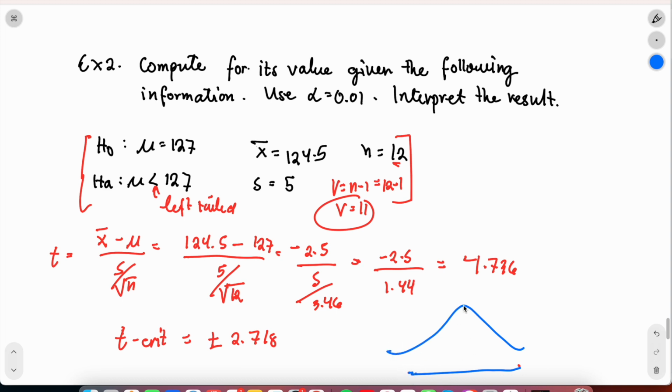Therefore, if you look at our normal curve, this is 0, and this is positive 2.718, and this is negative 2.718, and our value here is negative 1.736, right? So it falls somewhere here.